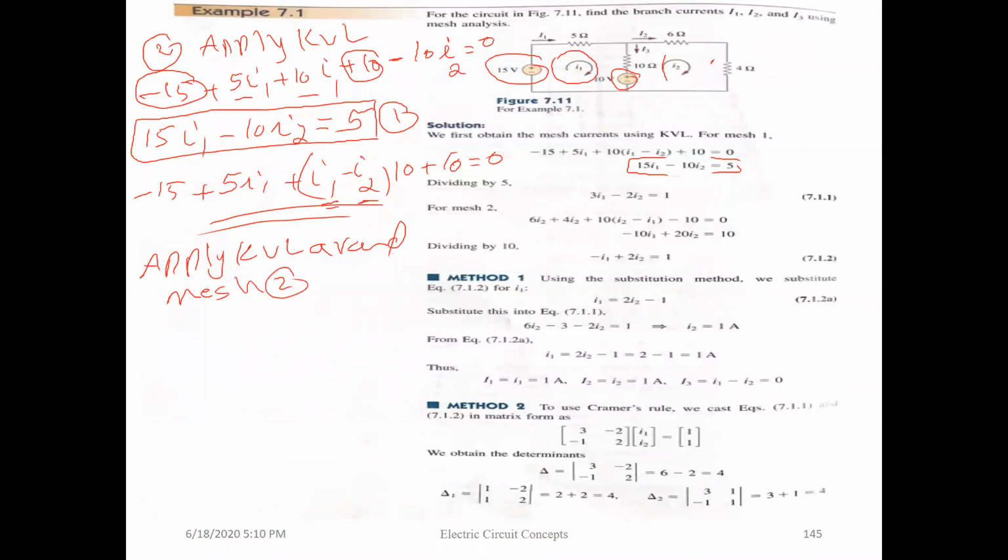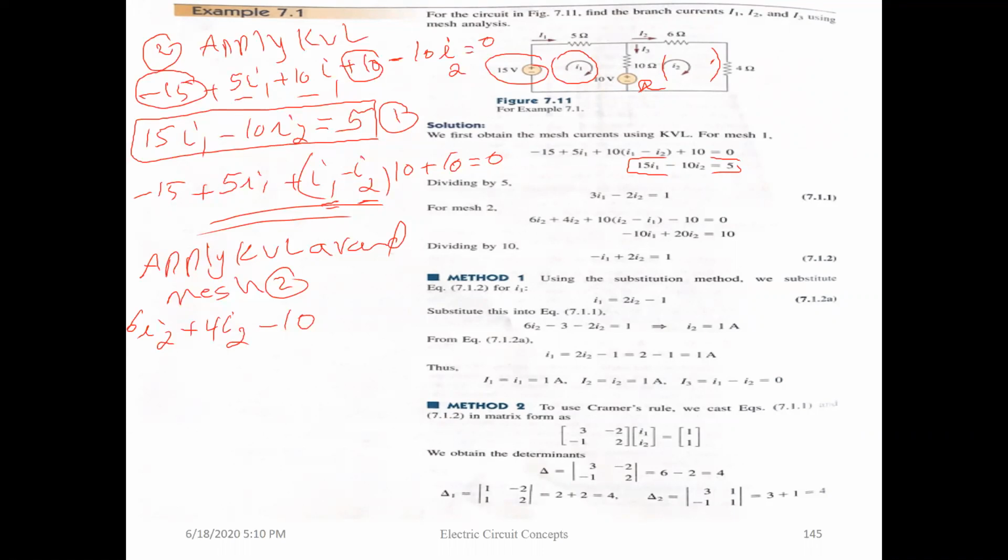Again, the same way, where do we start? Let's start with the 6 ohms. So it will be I2 multiplied by 6, and then 4 multiplied by I2, and then minus 10. You can see the current here flowing this way, so it hits the minus sign. So we have minus 10.